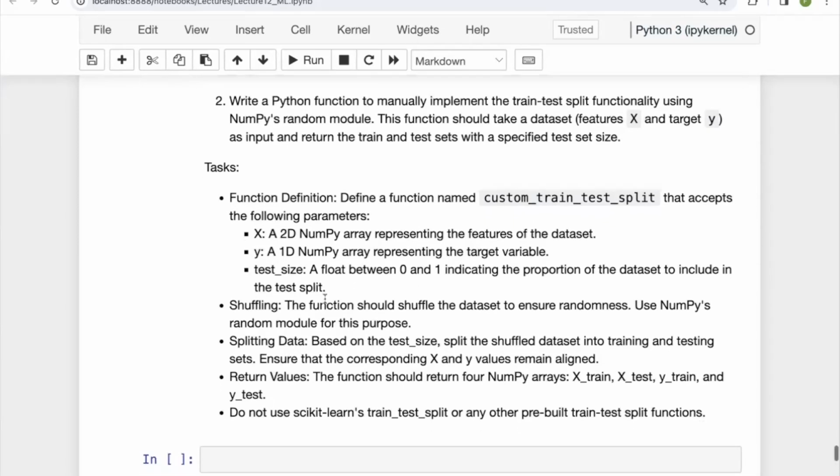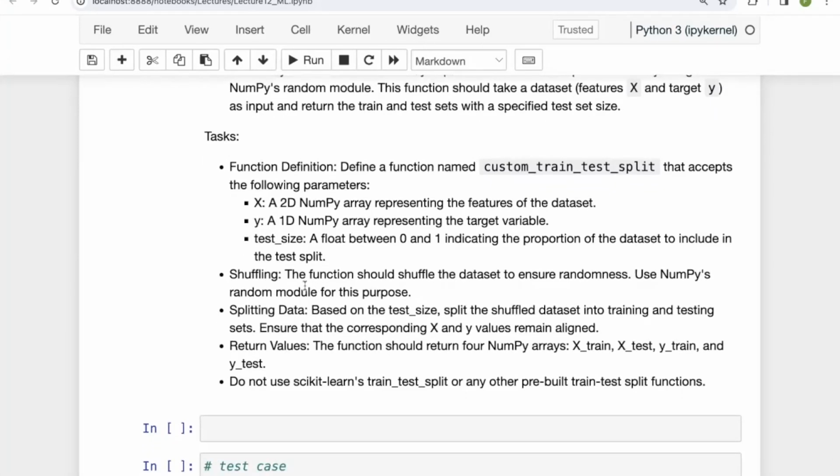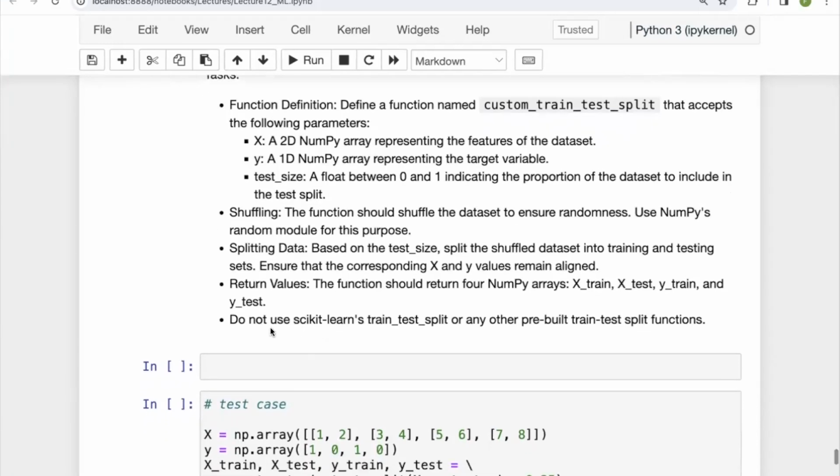And in this case, you can see that what you can do is to randomly shuffle your data or permute your data. And then based on that, you can split your data into training and testing sets. And then you can return the values for X train, X test, Y train, and Y test. And as I said, the main thing here is that do not use scikit-learn's train test split.